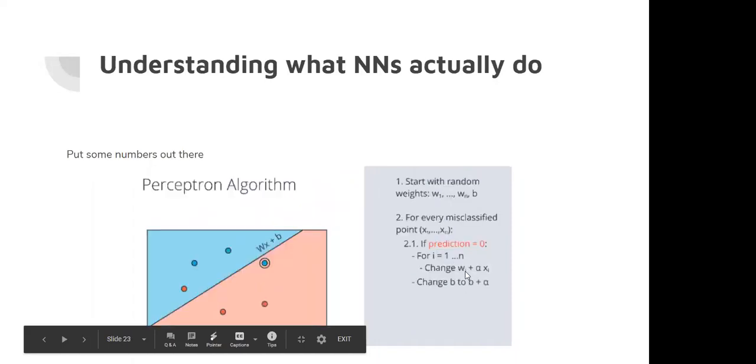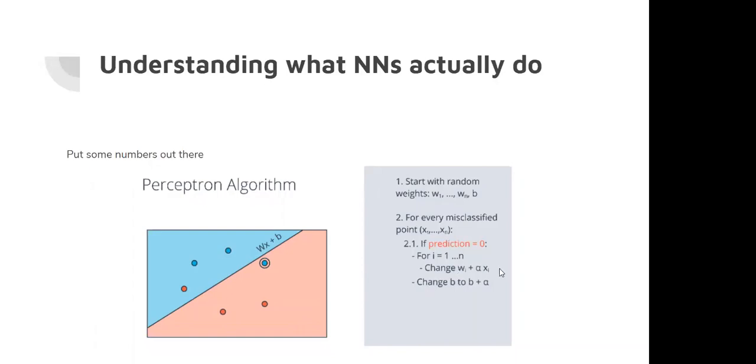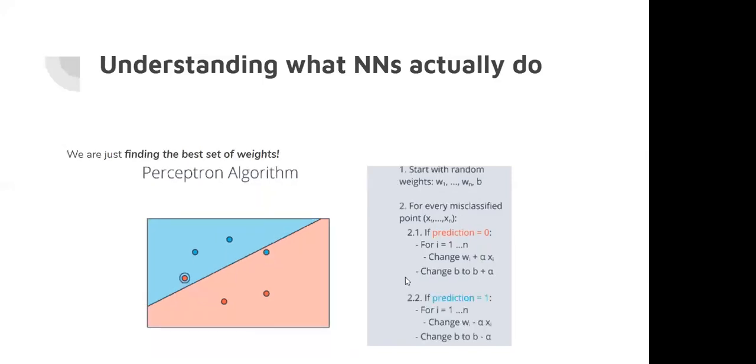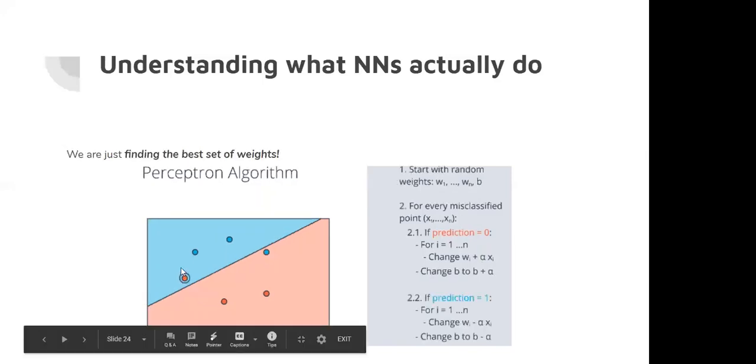We take the coordinates of the point, xi, which is misclassified, and multiply that by alpha, your learning weight, and then you change the weight. You also change the bias, which is b plus alpha. You do a similar thing for the point on the other side: instead of adding, you do a subtraction, and that is it.